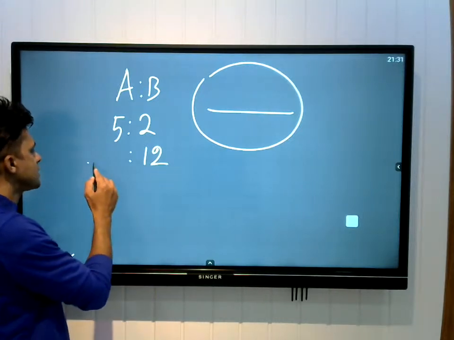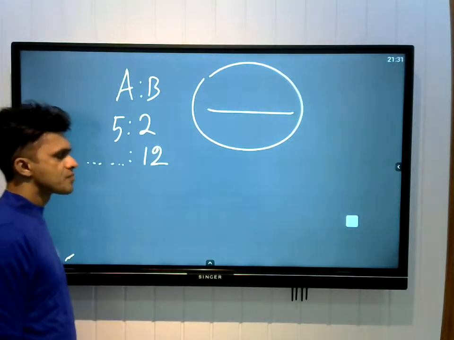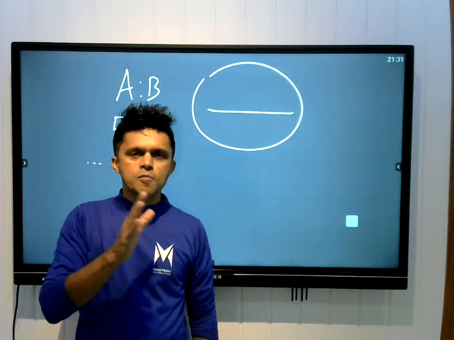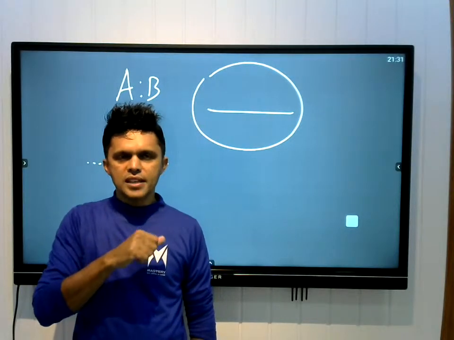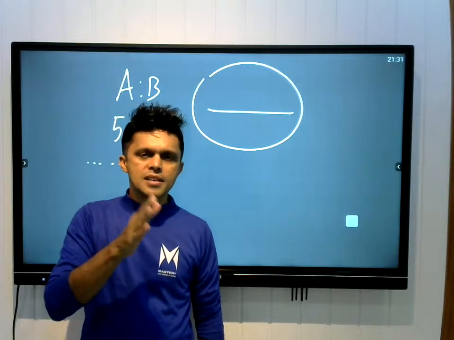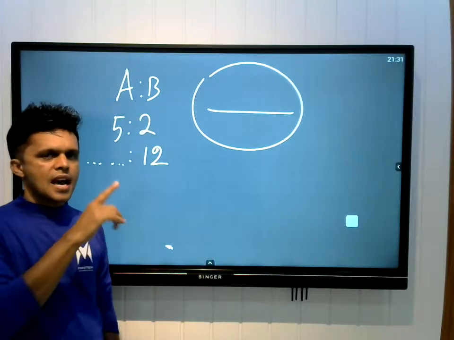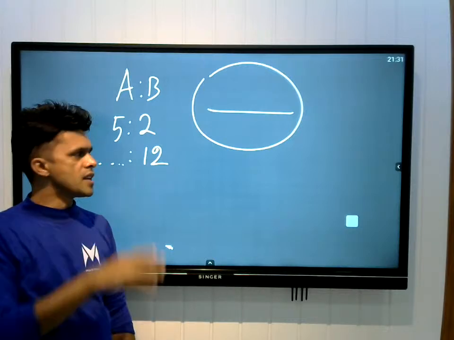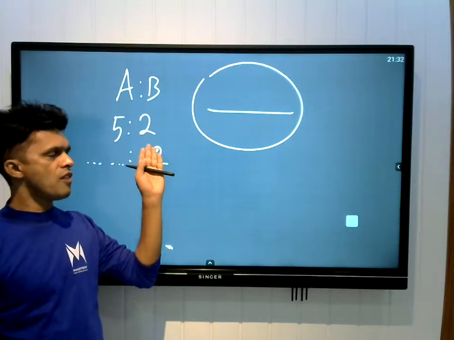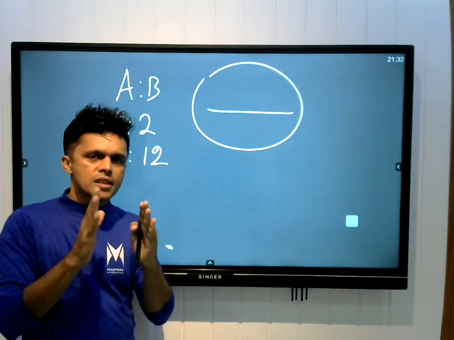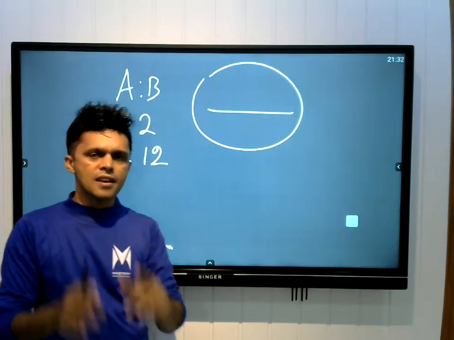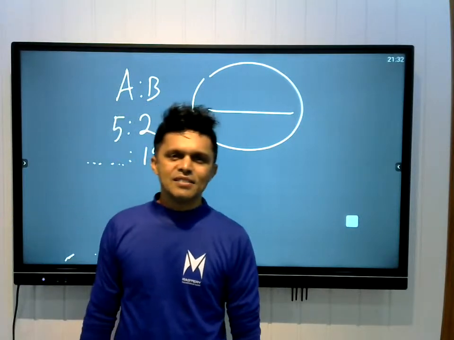This one has been given. When it comes to the question, you will listen to me. A certain amount of money is divided between A and B in the ratio 5 to 2. At that point, B gets 12 rupees. Find the amount taken by A. That's the given question.